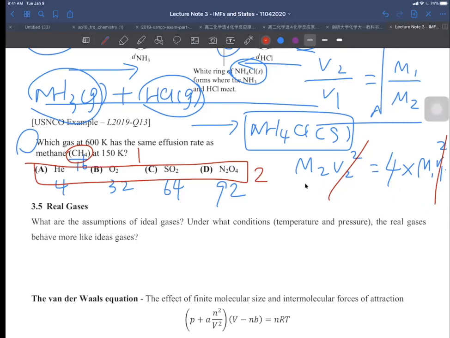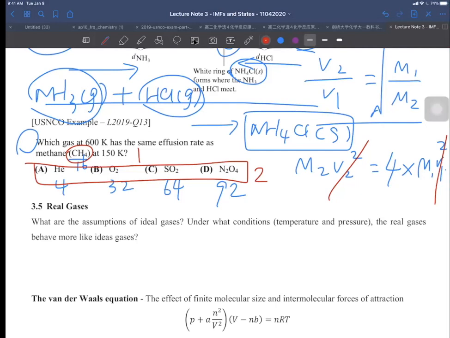The answer is C. We got 2 students who chose A. So you need to be careful, right? A is just 1/4 of the molar mass. So you may need to derive the equation by using the kinetic energy relationship. Be careful. This is very easy to make mistakes.